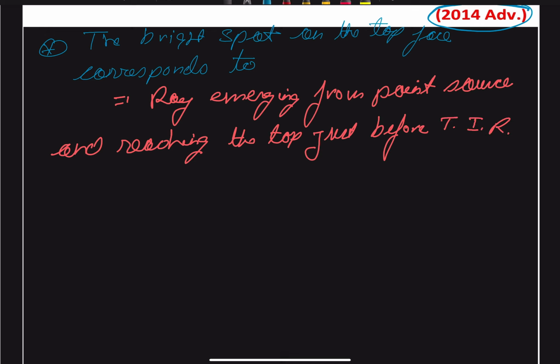So it means that the rays that emerge through the bright spot do so at an angle which will be less than or equal to the critical angle.